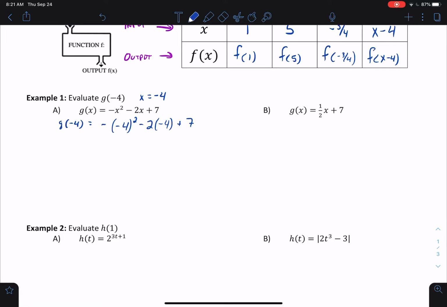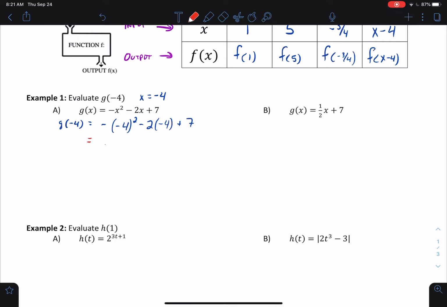Please remember, whenever you substitute in a number for a variable, put parentheses around it. When you put parentheses around it, that's going to make sure that you're doing all the operations and simplifying correctly.